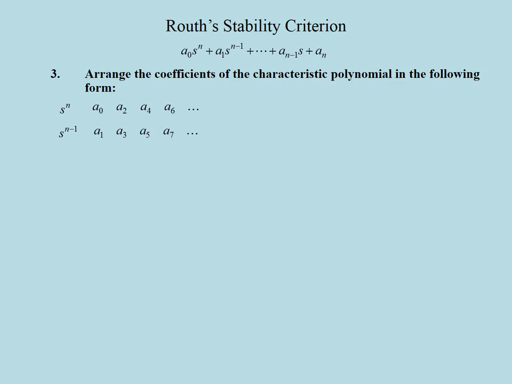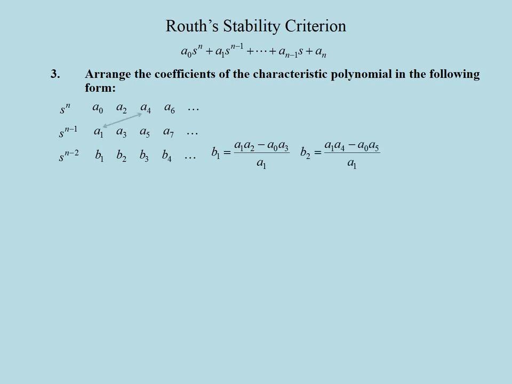The first column of these determinants are the leading elements of the previous two rows, and other elements of the previous rows are used for the second column. So in the third row, we have b1 as a1 times a2 minus a0 times a3 divided by a1.